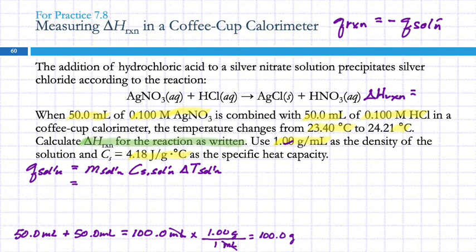So this is going to equal 100.0 grams. And then we need the specific heat capacity of the solution, which they gave us right here. And then we need the change in temperature for the solution.